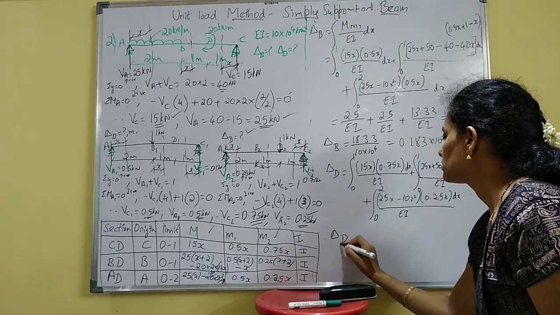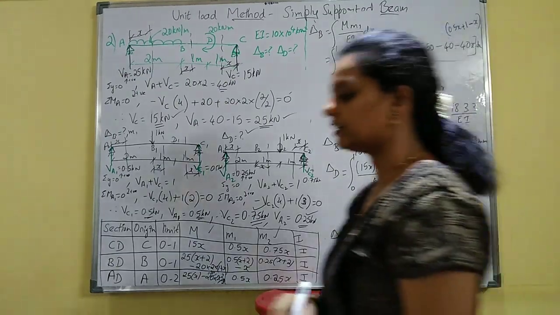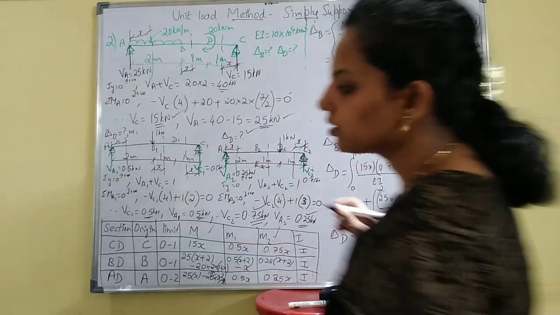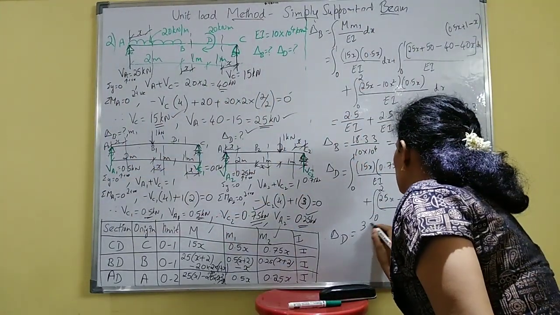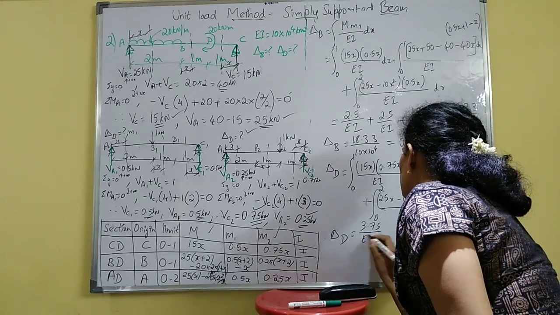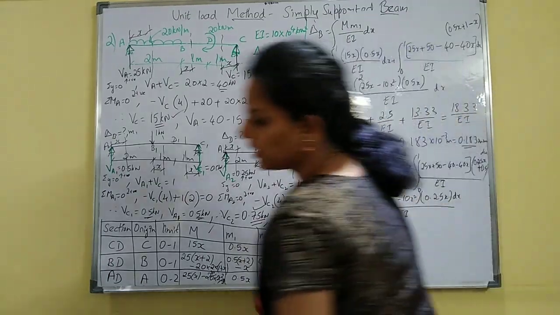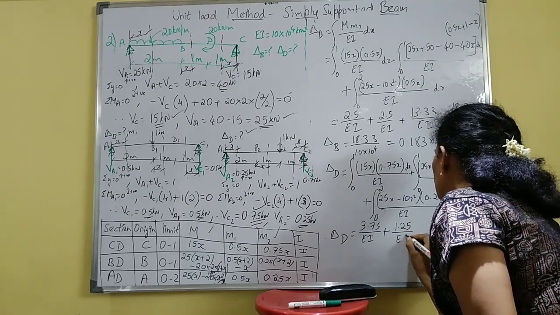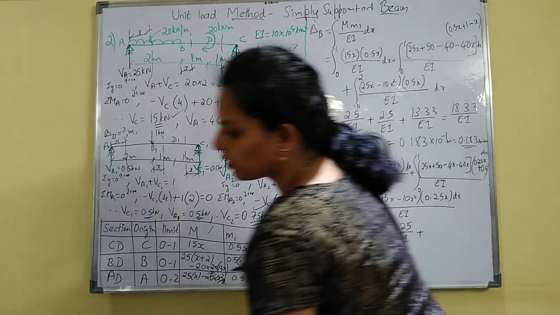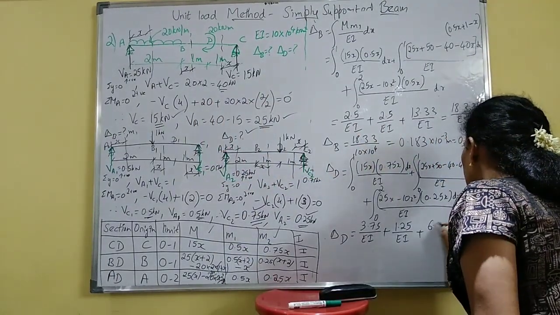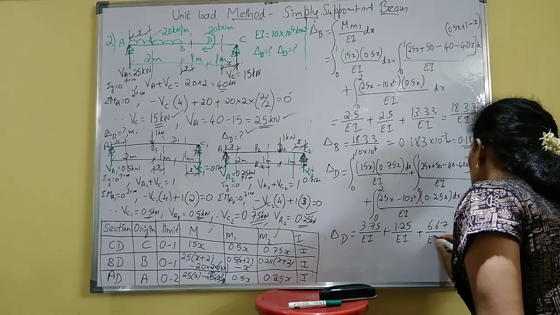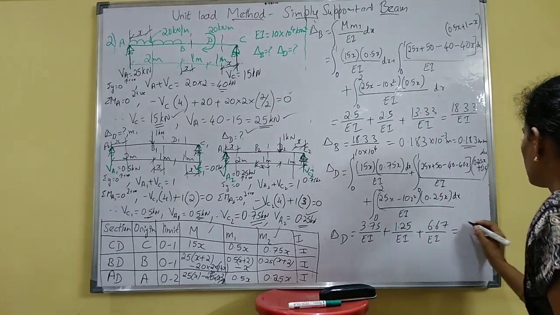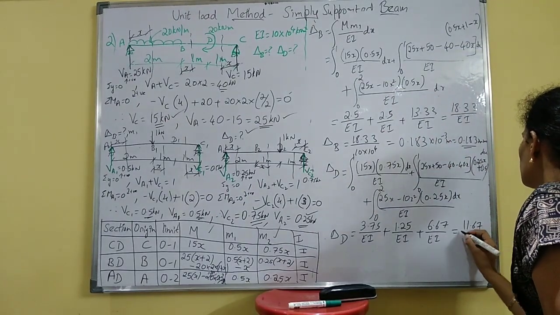And simplify and integrate it, you will have 3.75 by EI, first part of the integration, and next you will have 1.25 by EI, and last part you will have 6.67 by EI. So total value is 11.67 by EI.